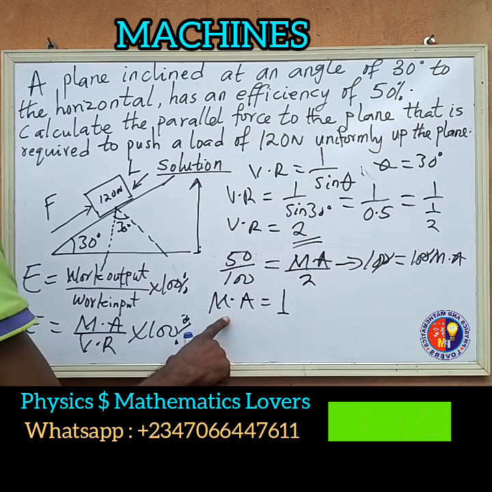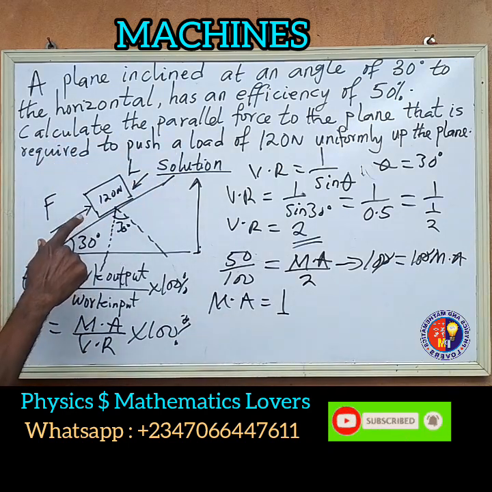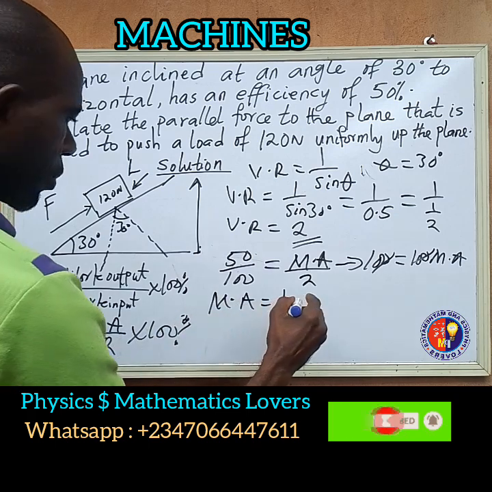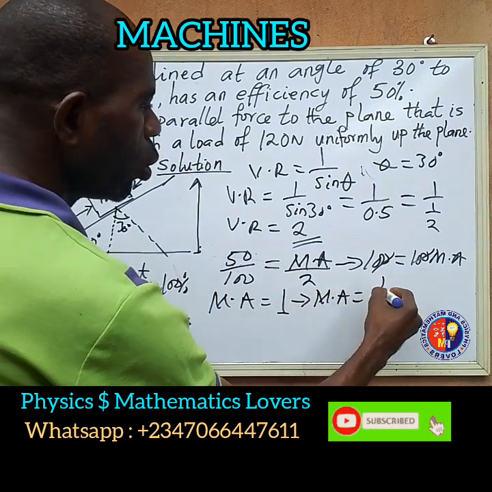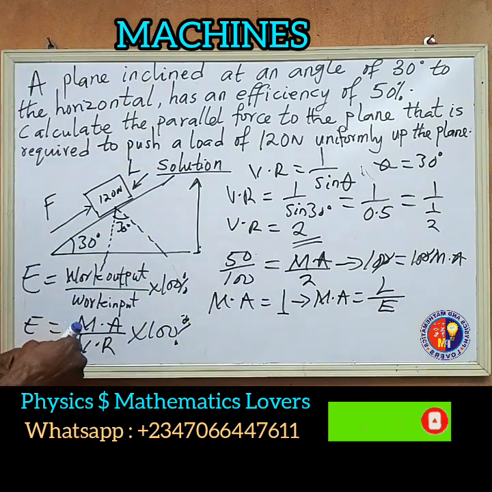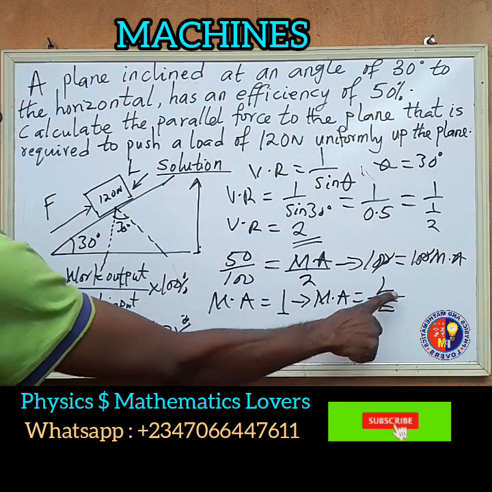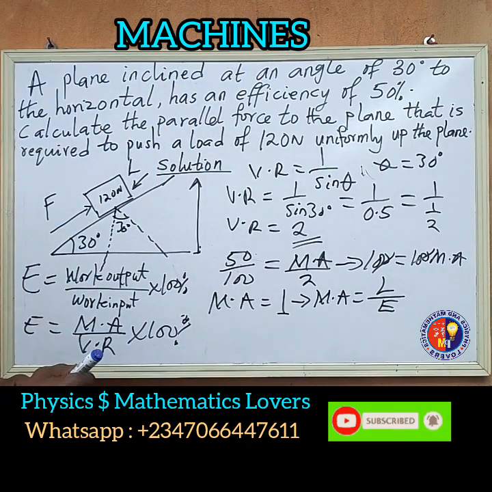So with this mechanical advantage, let us go and look for that force that is parallel to the plane. Remember, our mechanical advantage is equal to what? Load over effort. Yes, load over effort is our mechanical advantage. It means that the effort has to overcome the load before the load can get to the platform which is required.